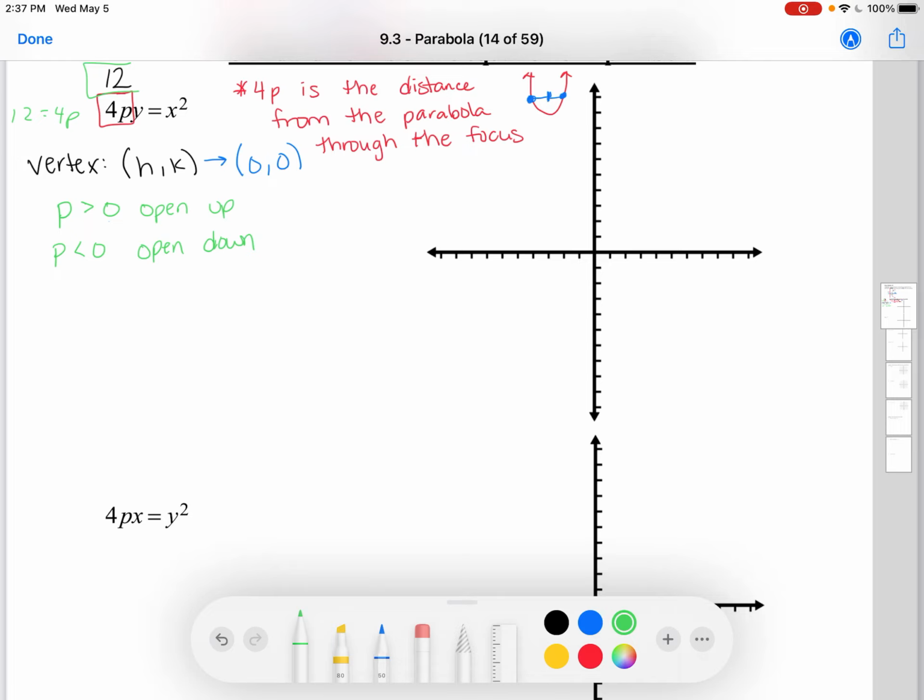Now that I know potentially what my P value is, then I can head into my focus as well as my directrix. So what's happening is if I were to graph a coordinate 0, 0, that's my vertex, that's where it's starting. I'm going to assume that my picture is going to go up, so we'll assume that P is positive just to keep things nice and simple here.